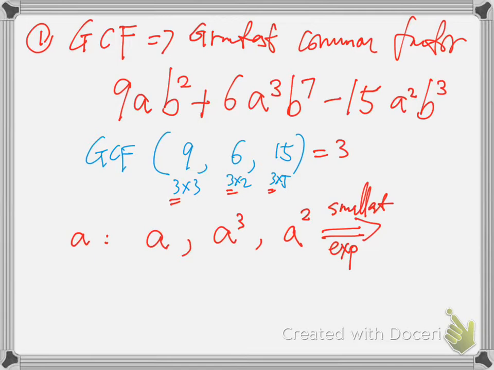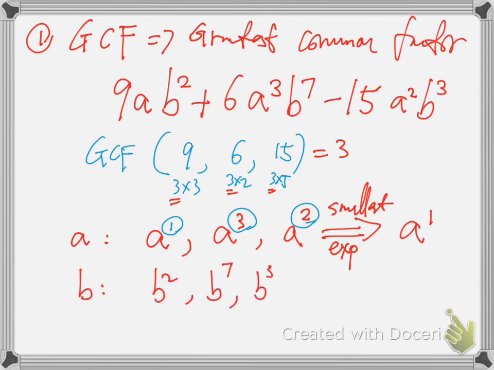So what's the exponent here? This exponent 2, exponent 3, this one the exponent is missing, so it's 1. What's the smallest one? Number 1. So we want a to the first power. And then we do the same thing for letter b. We have b squared, b to the 7, and b cubed. So the smallest exponent is b squared.